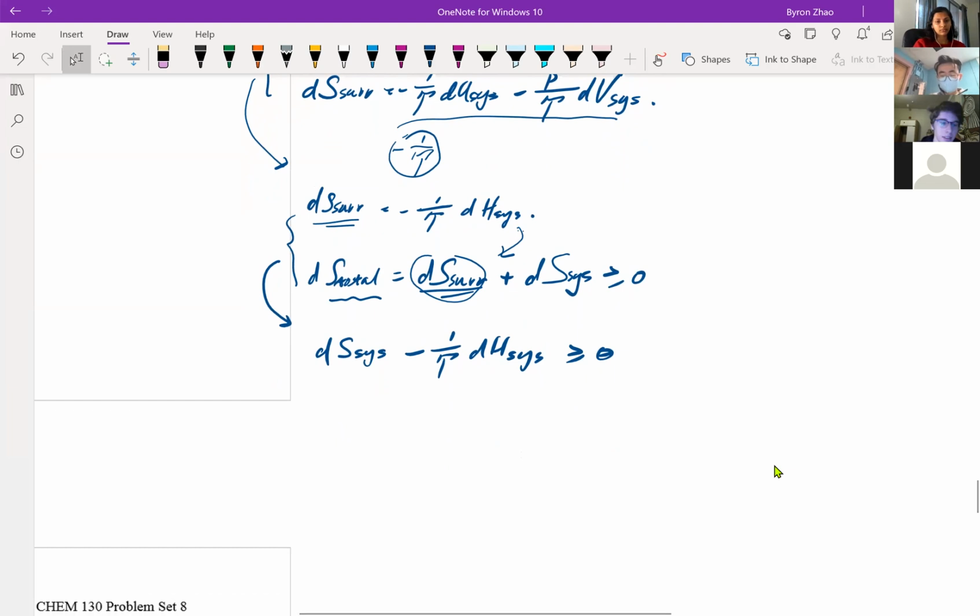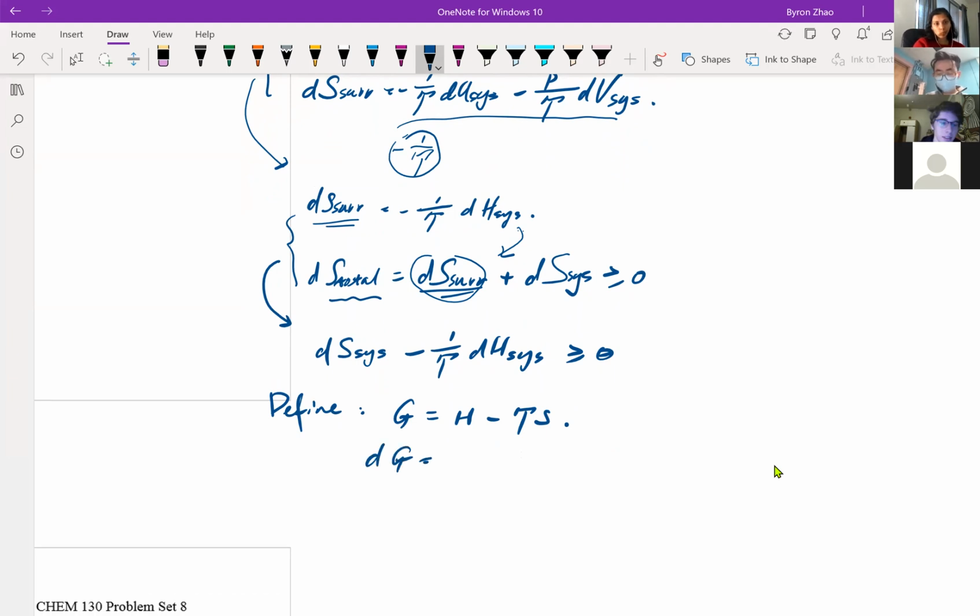And this is why we define Gibbs free energy as G equals H minus TS. Then if we take dG, it equals dH minus S dT minus T dS.